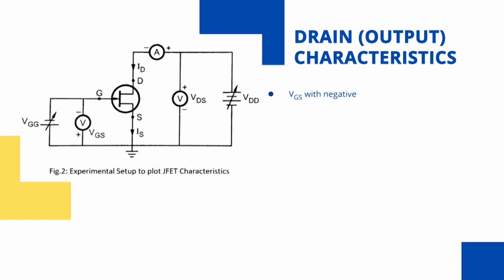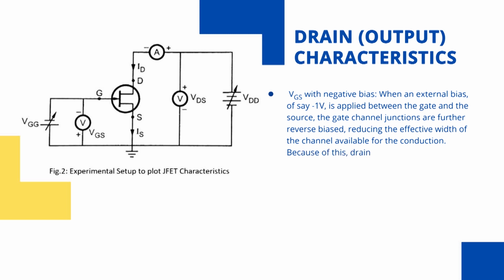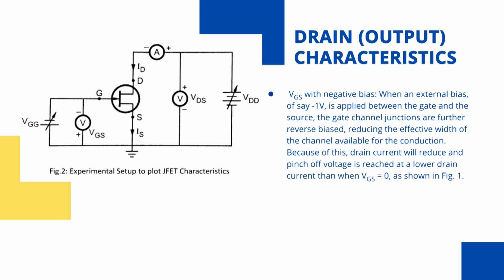Gate to source voltage VGS with negative bias: when an external bias, say -1 volt, is applied between the gate and the source, the gate-channel junction is further reverse biased, reducing the effective width of the channel available for conduction.